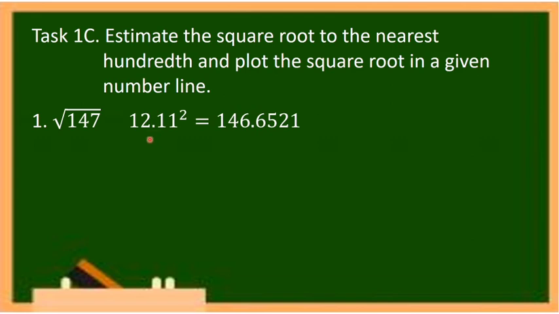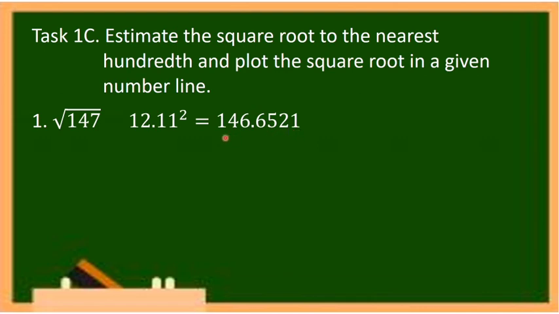So continuing the estimation to the hundredth place, since it is closer to 12.1, we will choose a decimal number to the nearest hundredth which is closer to 12.1, and we choose 12.11. So this is the hundredths place. So 12.11 is closer to 12.1. So we get the square of 12.11, or 12.11 times 12.11. It is equal to 146.6521, ten thousandths.